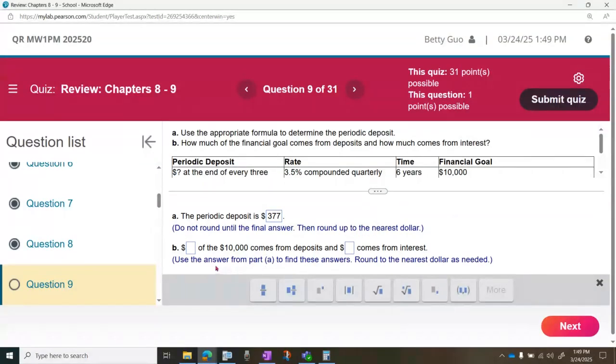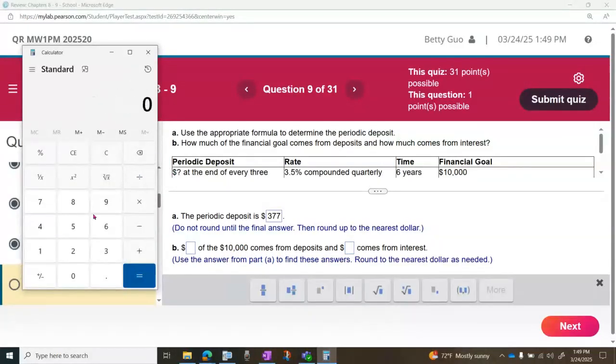Part B is asking how many dollars from the deposit. Okay, we can use the scientific calculator. You deposit $377, right? Use the answer from part A. From part A, we know every quarter you deposit $377. 377 times 4 is how much you deposit for a year, and then times 6 is how much you deposit for 6 years.